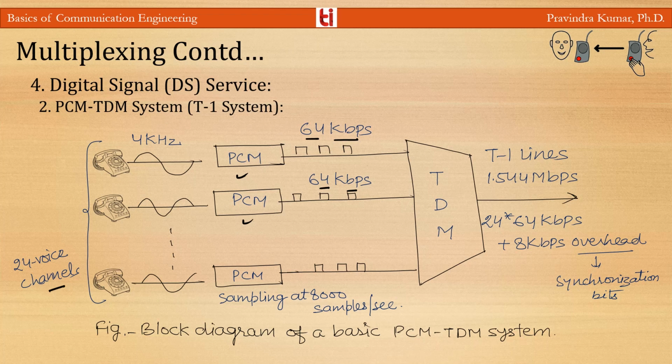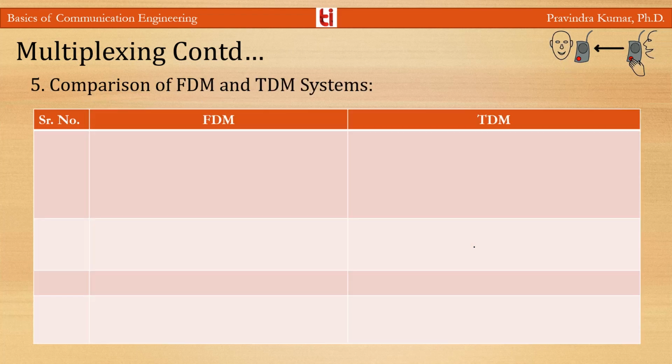So there are 64 kbps lines, and they are TDM multiplexed, and the T1 line makes the rate 1.544 Mbps. And here there is an extra 8 kbps overhead for synchronization purposes, and this system is used to convey a number of voice signals over telephone lines using wideband coaxial cables.